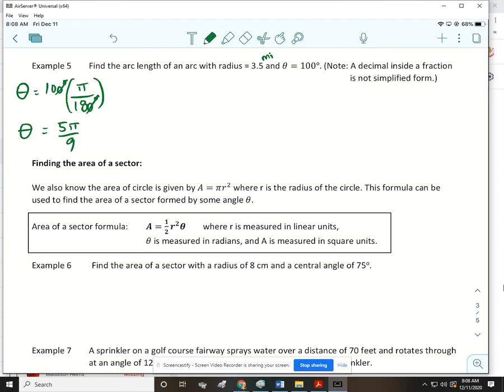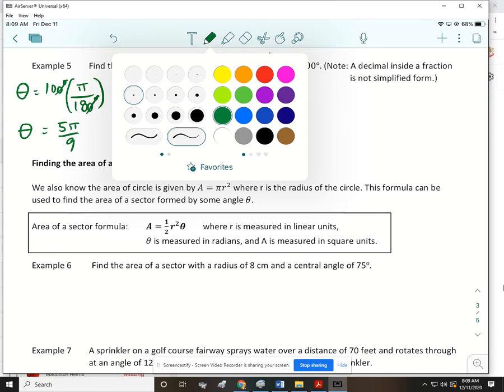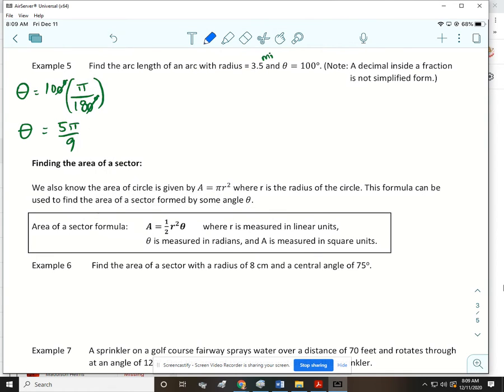Now, I know for arc length, we're looking for arc, we're going to multiply s times theta. So I would multiply a decimal times a fraction. I put a little note there that it's not good to leave a decimal inside of a fraction. It's just weird. So if you can, like if it's easy to do, go ahead and change 3.5 to a fraction. Multiplying 2 fractions together is better than multiplying a decimal times a fraction.